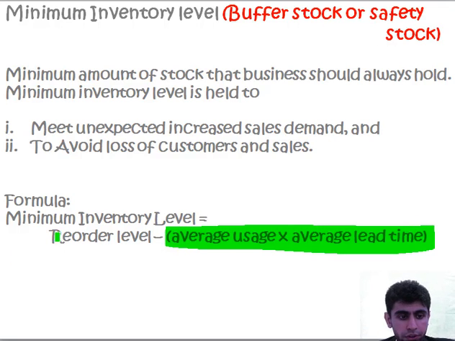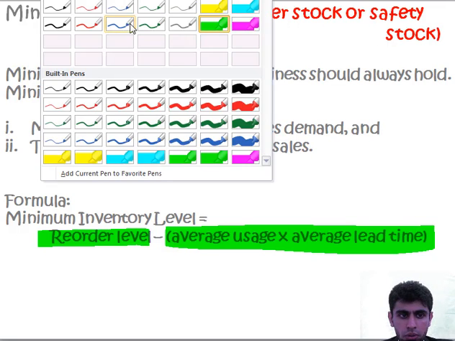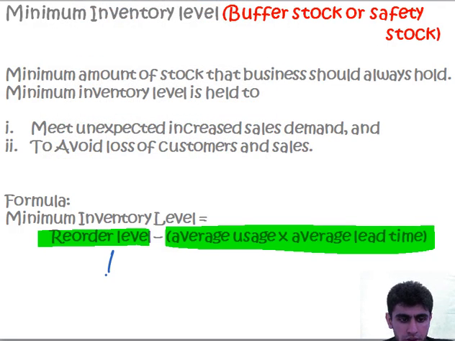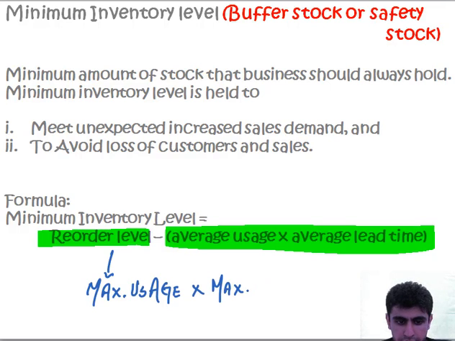Now, we have already calculated reorder level in our previous video. What was the formula for calculation of reorder level? It was maximum usage times maximum lead time.